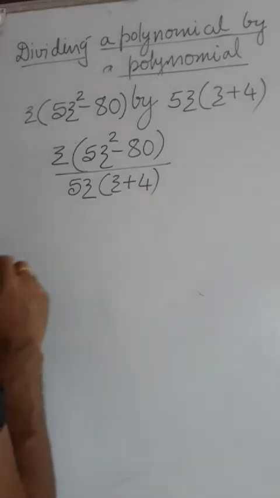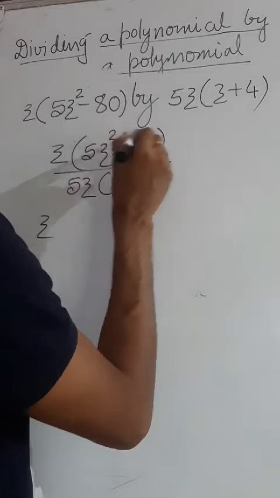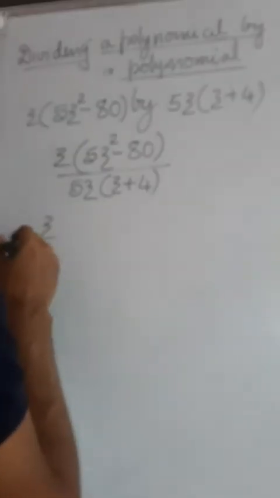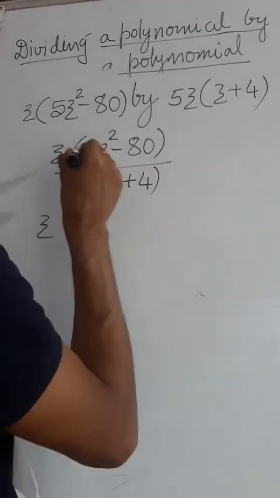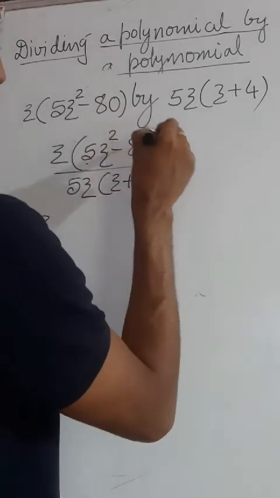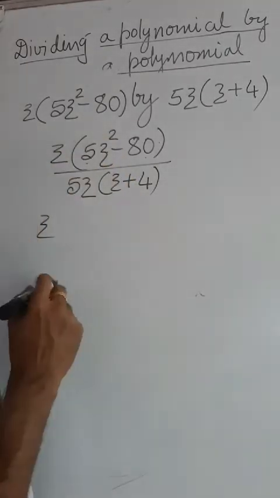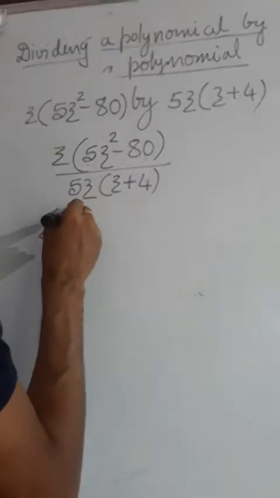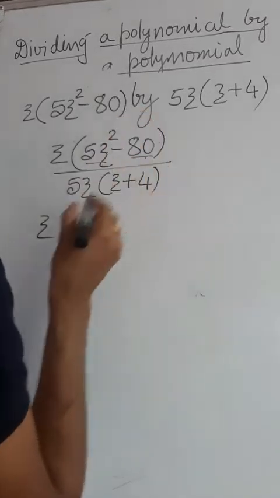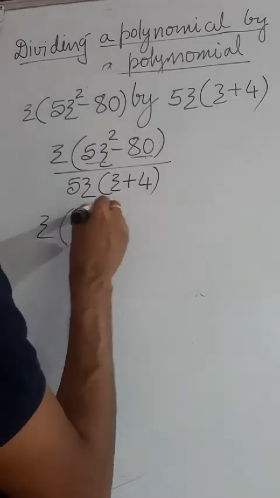Now look at that. How to take the common term? As I said, z is common, you can take it outside. First write it in the reducible form. Number, if it is there, yes, you can write number also. Z is here, but here it is not there. So no meaning in writing the variables in their simplest form. Numbers, both terms contain numbers. So numbers, you can write in their irreducible form.